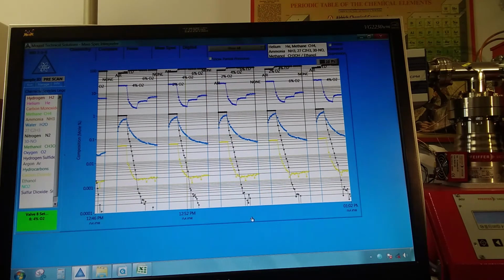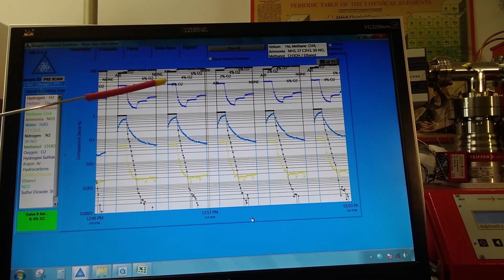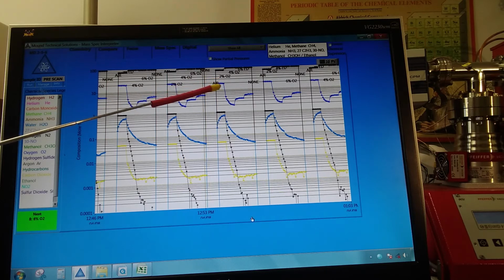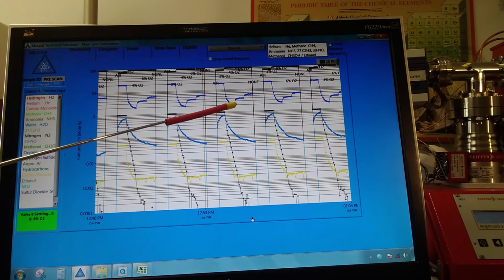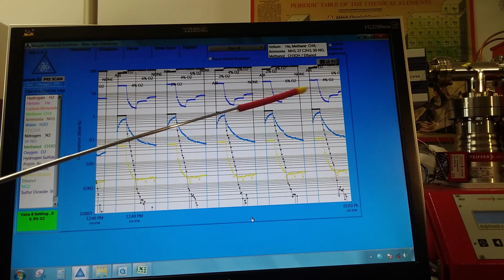Okay, so what we've done here is let it run for a few more cycles. And what we see is that, yes, indeed, we do have reproducibility of data. We have consistency with our measurement of oxygen at 21%, at our 2%, and our 4 and 6%.